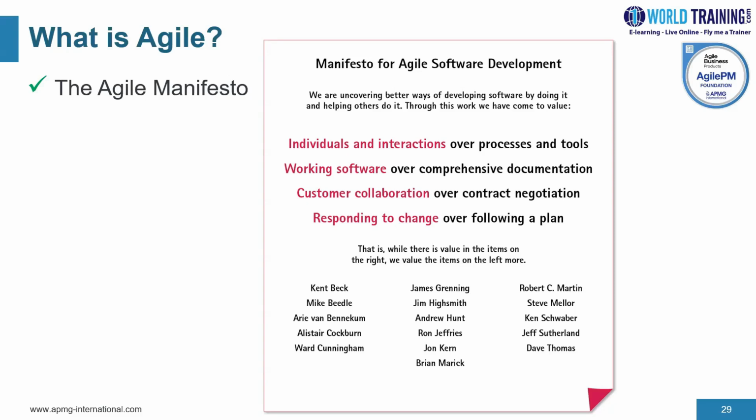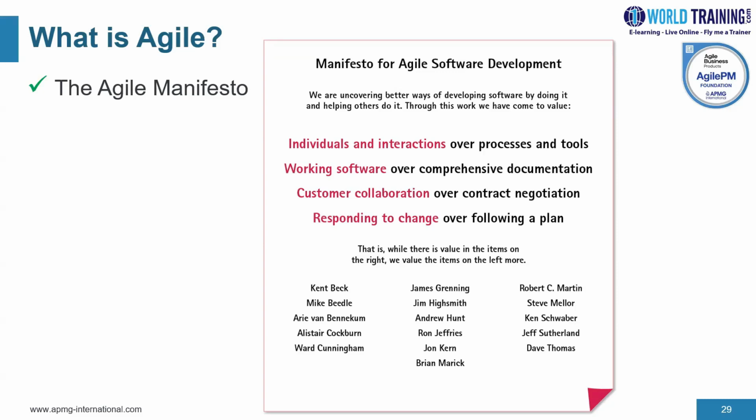It's not that agile environments do not value processes and tools. It's just that they place a greater amount of emphasis and value on people and the interaction between people over processes and tools. The second value statement is working software, which is the actual product, is given greater value over the documents we create to create the actual product. So that's an important aspect of the manifesto.